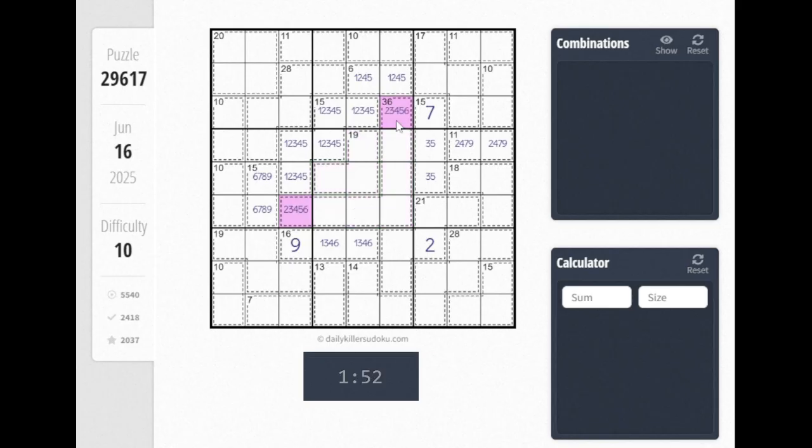So we know that it can't be 1 at least. So that's nice. We know 5 has to go here. And we know that.